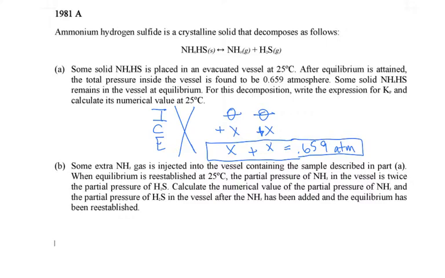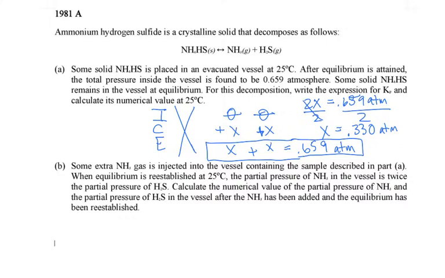So if these two pressures add up to equal 0.659, then if we simplify the left side, that's 2x equals 0.659 atmospheres. So if we divide both sides by 2, then x is going to equal roughly 0.330 atmospheres.